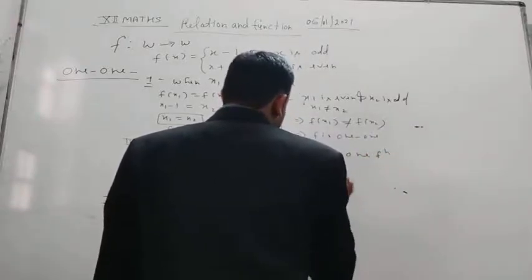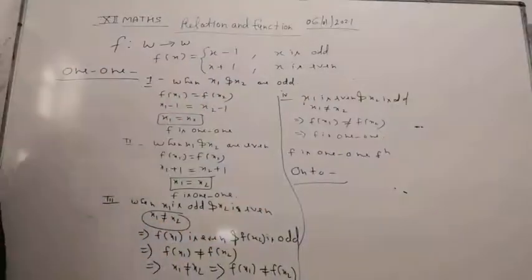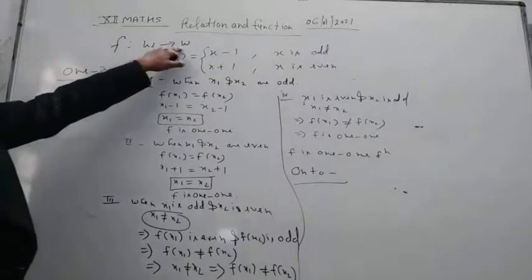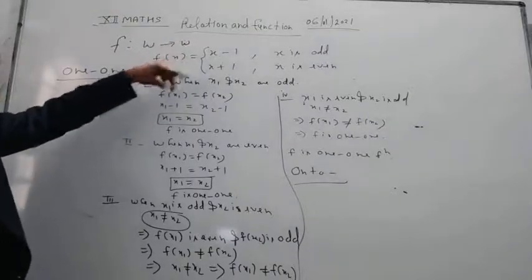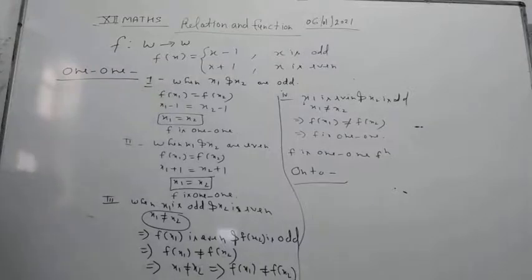Now we will check for onto. Okay, student. So our function is x minus 1. So student, if we are taking any number y of codomain, where y is any number of this codomain, then there exists odd number y plus 1 in domain.